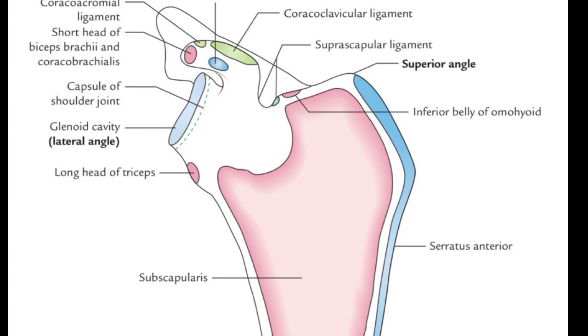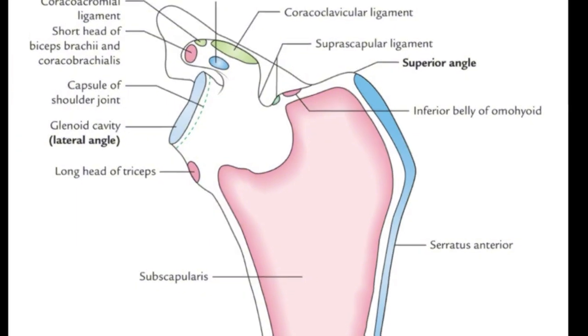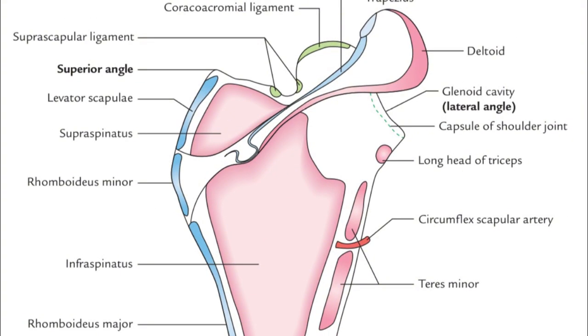The serratus anterior is inserting on the anterior medial border of the scapula, originating from the second to about the eighth digitation of the rib.